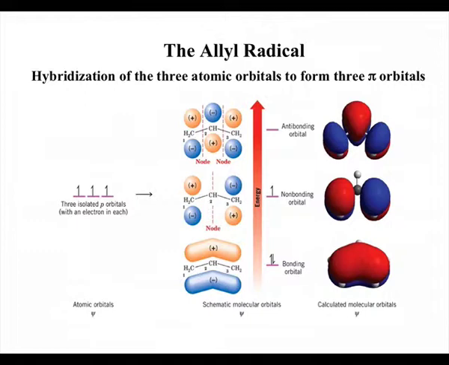No electron here, right? That would be my cation. How about for an allylic carbanion? I'd have 1 more electron right here. I'd have a negative charge here and here, or a partial negative here and here, right? But the molecular orbitals look identical. It's just the number of electrons that I put into them.